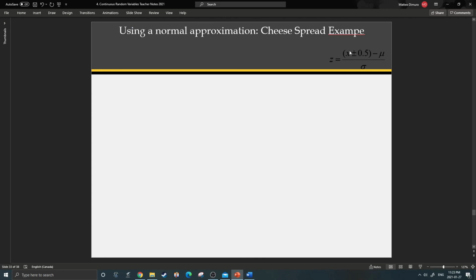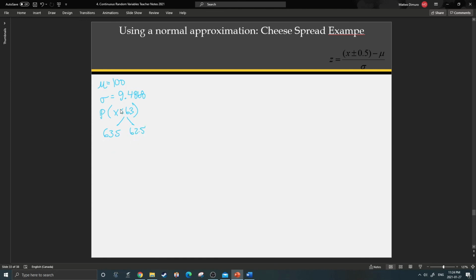So again, I wrote the formula here for your benefit, and we calculated the mean to be 100, and the standard deviation was calculated for us, although I could easily ask you to calculate it, given the data in the question. And we know that we're looking for the probability that x is less than or equal to 63. Now, because we're using the normal approximation, we have to take that moment to apply our 2 correction factors.